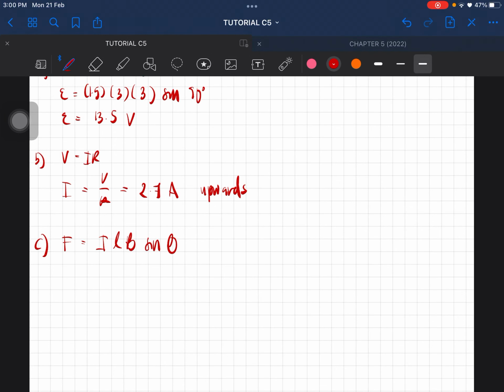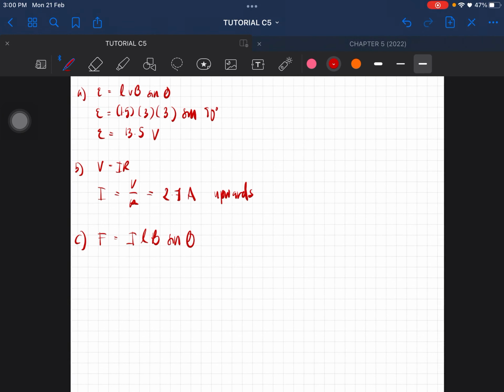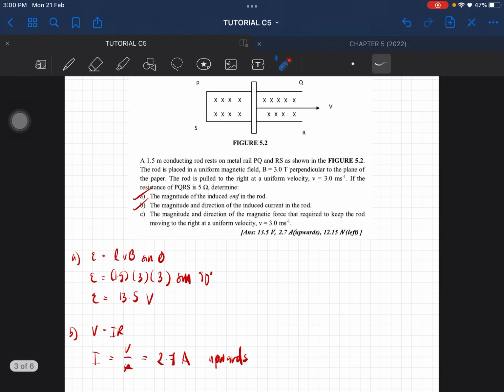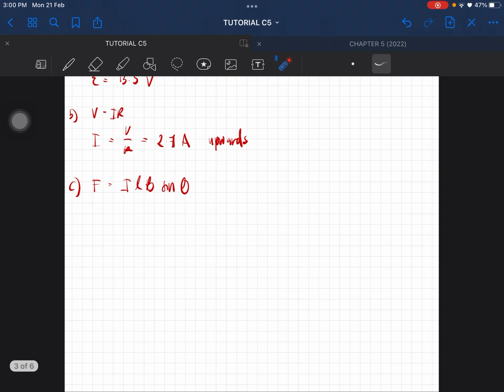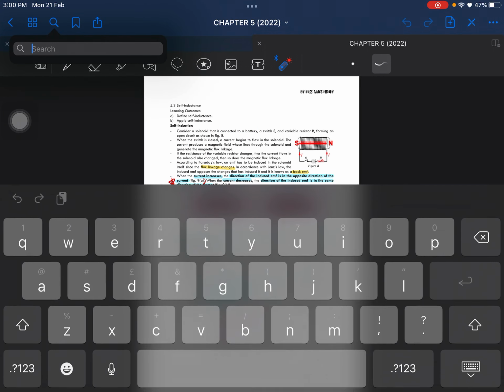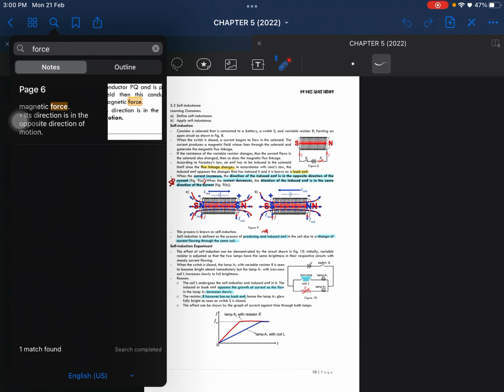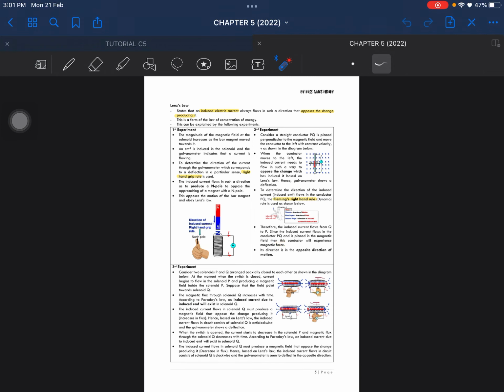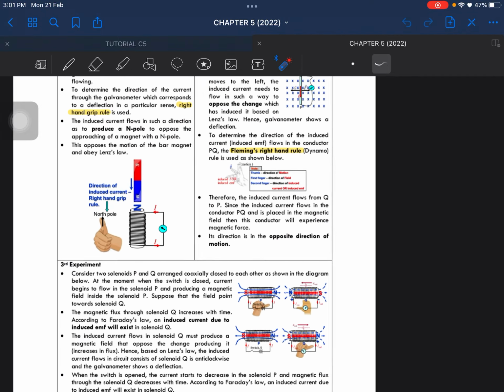This one is the angle between the length and the magnetic flux density, if I'm not mistaken. Is it between the current and the magnetic flux? Let me double check. I just don't want to give you false information.